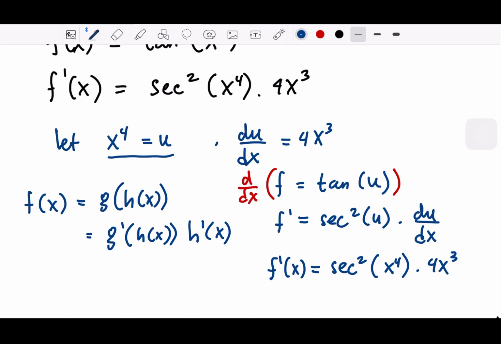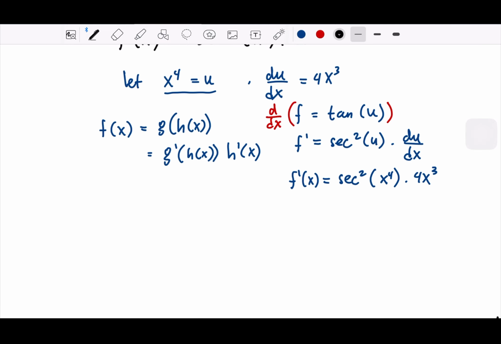So if I take the integral of 4x cubed secant squared x to the power of 4 dx, let's try now to integrate this whole equation: 4x cubed secant squared with inside function x to the power of 4 dx.